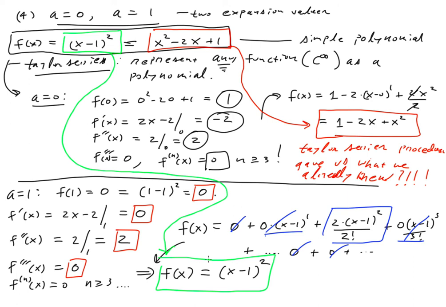And the main conclusion I want to make now, and I'll put this as an asterisk, is that polynomials are their own Taylor series.